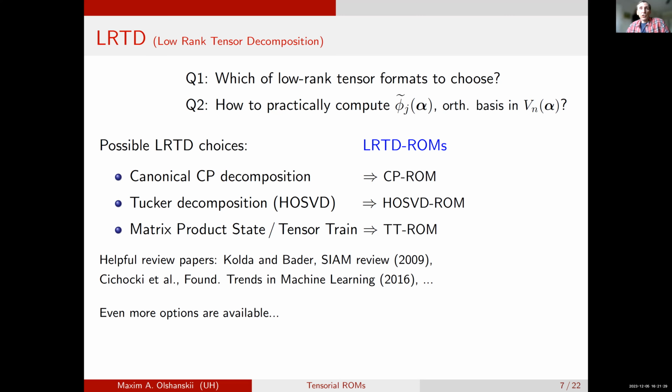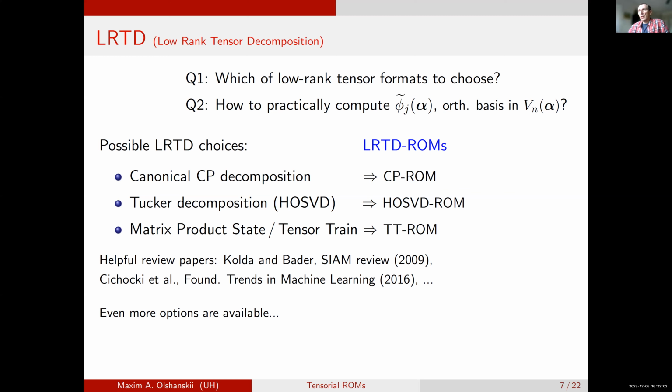So essentially, the message here is that the choice of the particular tensor decomposition depends on the problem. For example, if we have high order parameter space, then we likely want to go with tensor train decomposition.